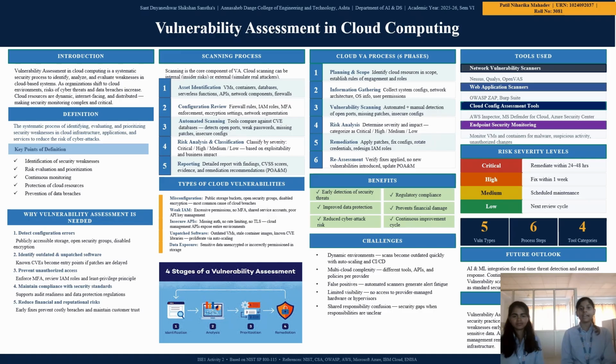Starting with cloud native tools, meaning tools built into cloud platforms themselves. AWS has something called Security Hub, which pulls together findings from several other AWS security services into one dashboard.